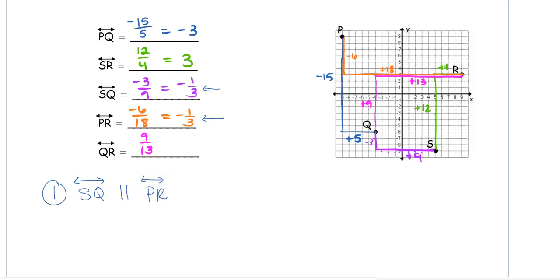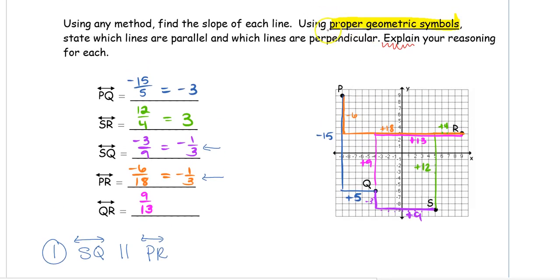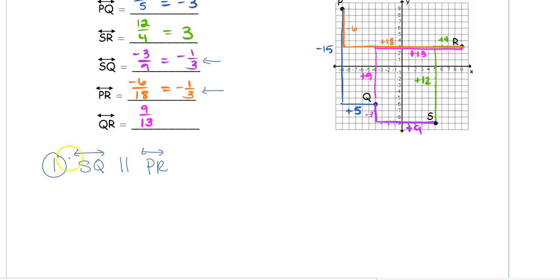And again, remember in the directions it said using proper geometric symbols. We have lines, so we use the line symbol. This is parallel, so we use the parallel geometric symbol. So when it says using proper geometric symbols, this is what I'm looking for. I know that those two lines are parallel. Now here comes the explain part. Your explanation is how did you draw the conclusion?